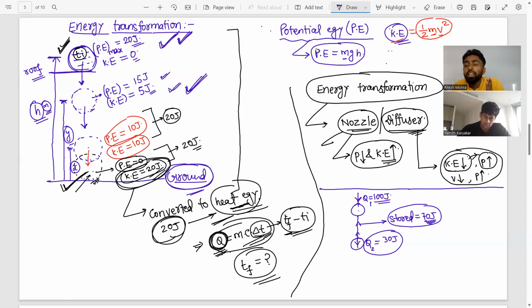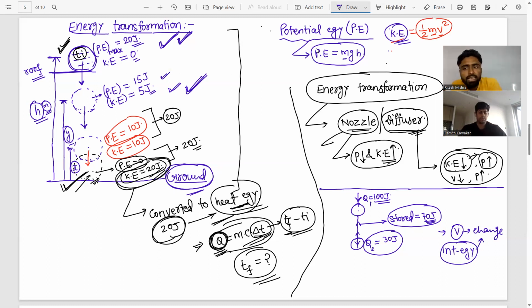Properties means if we become fat, our volume will change, or if we get thin, then also the volume of our body will change. Our internal energy will also change.